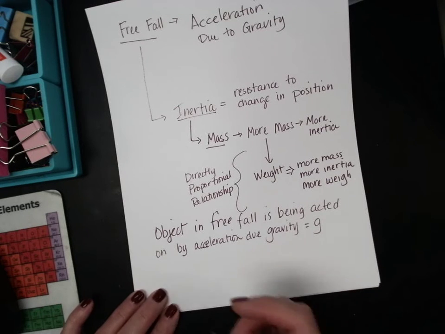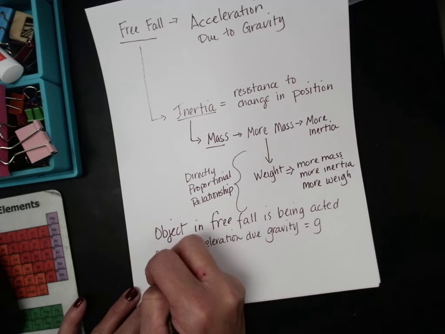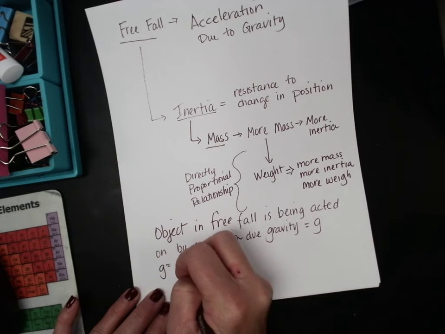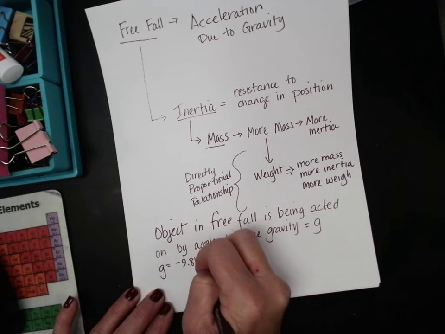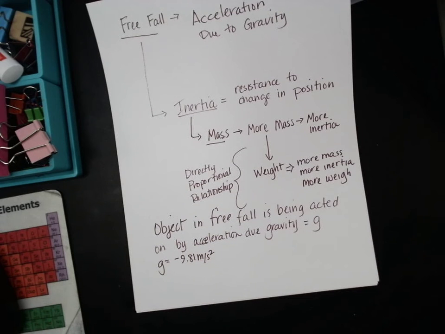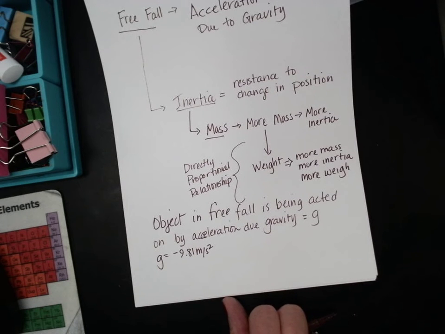When we talk about acceleration due to gravity, we should know that G is equal to negative 9.81 meters per second squared. Now, why do we call that negative? We call it negative because that force is directed in the downward direction. And we know at this point that any vector in the downward direction is considered to be a negative vector.